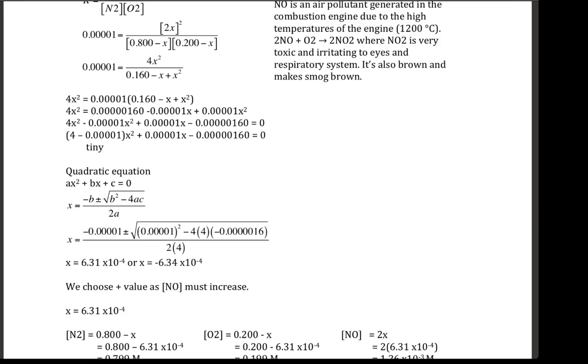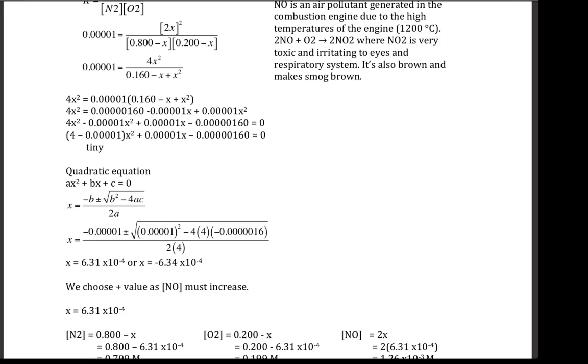So we have what A is, we have what B is, we have what C is. And with a lot of carefulness in our attention to those tiny numbers and all the negatives and so on, we have x equals 6.31 times 10 to the minus 4, or x equals negative 6.34 times 10 to the minus 4.